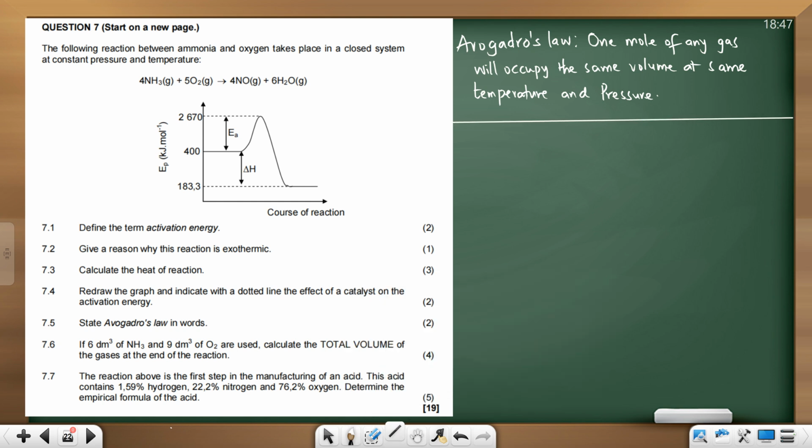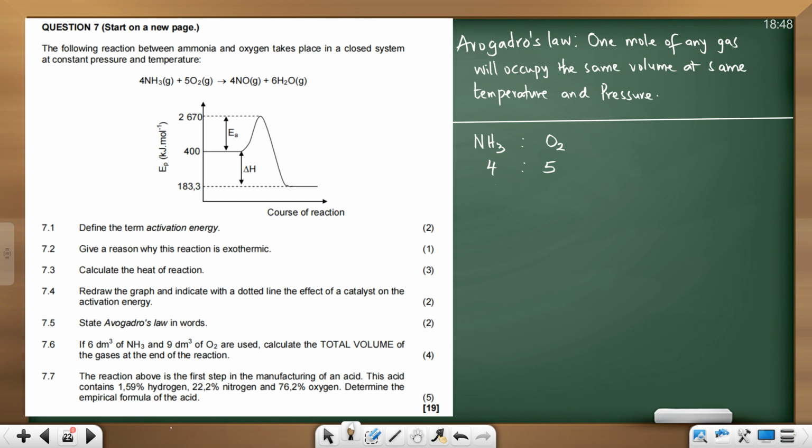So we have 4 moles of ammonia reacting with 5 moles of oxygen. Everything is by molar ratio. So if I check my ammonia and oxygen, it is 4 to 5.